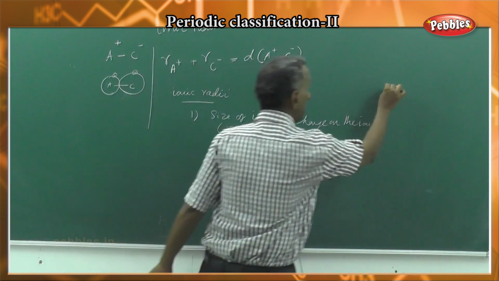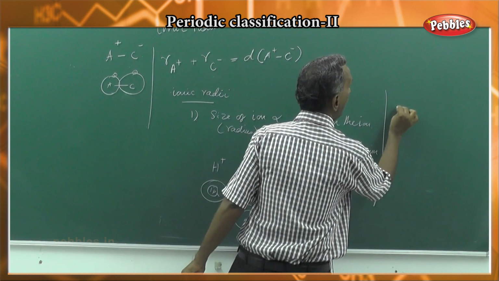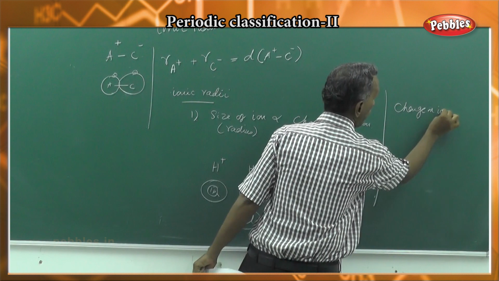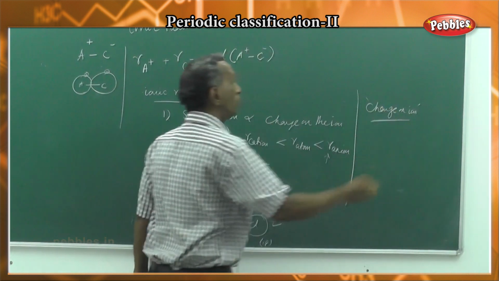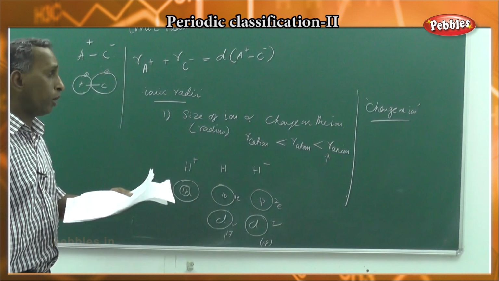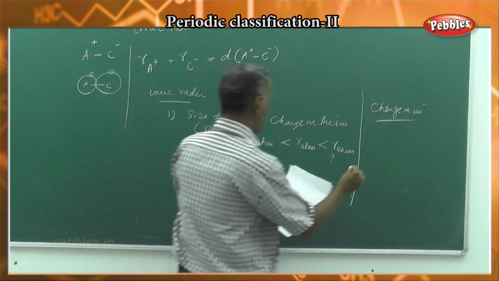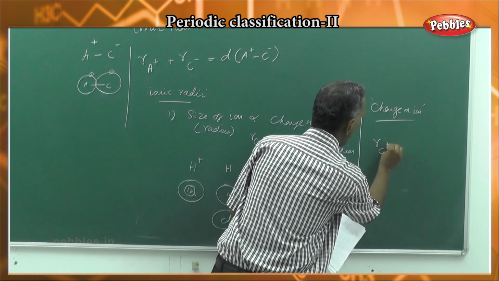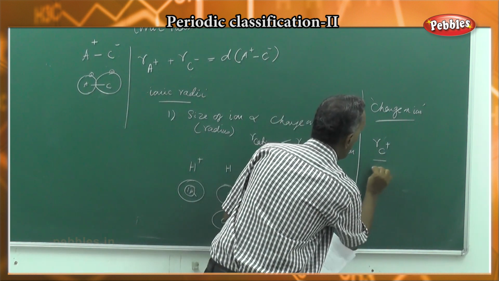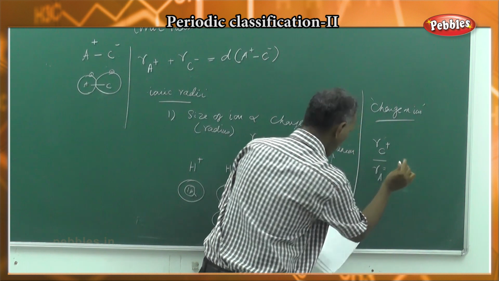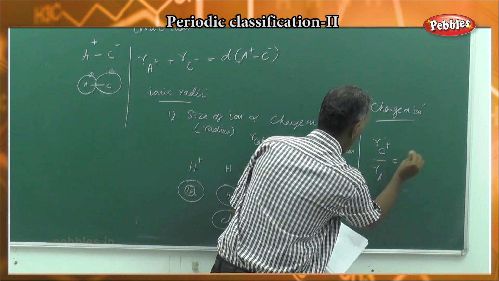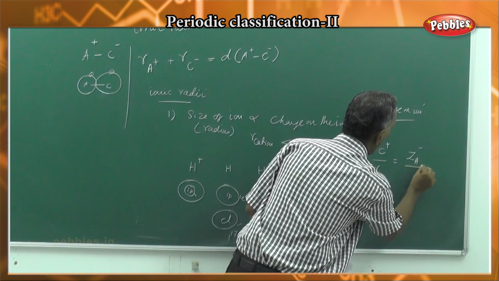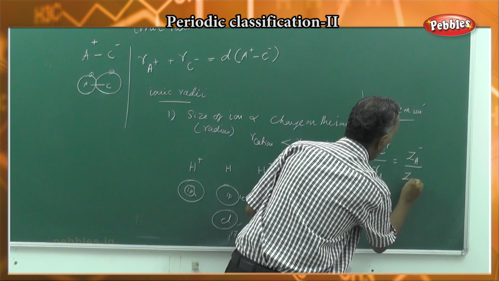Looking at it this way, now we see the influence of the charge on the ion. So the charge on the ion plays a critical role on the size. Generally the formula to be noted is: radius of positive ion by radius of negative ion equals the charge on the negative ion by the charge on the positive ion.